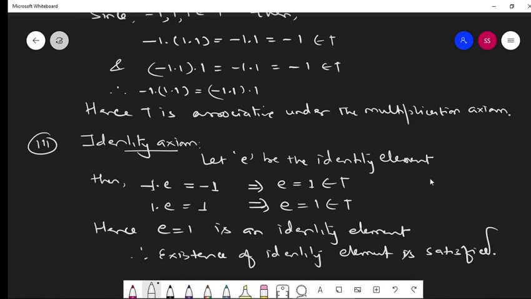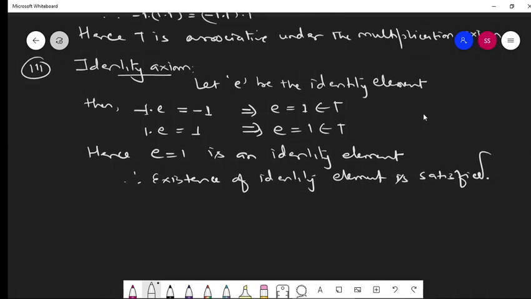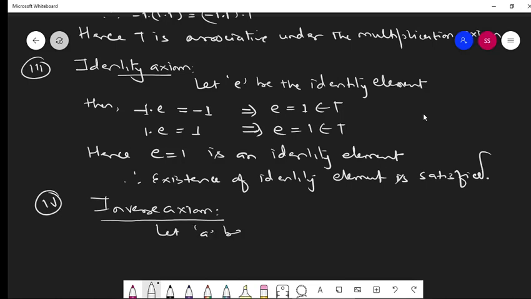Now the fourth and last property is the inverse axiom. For that, we have to suppose the inverse element. Let A be the inverse element.